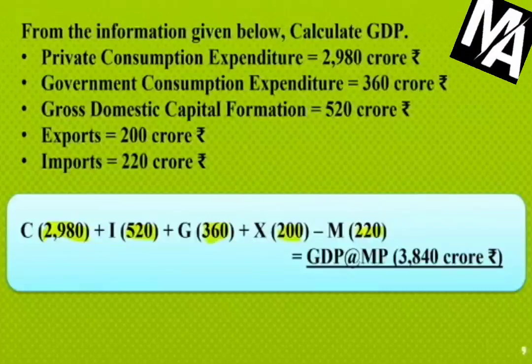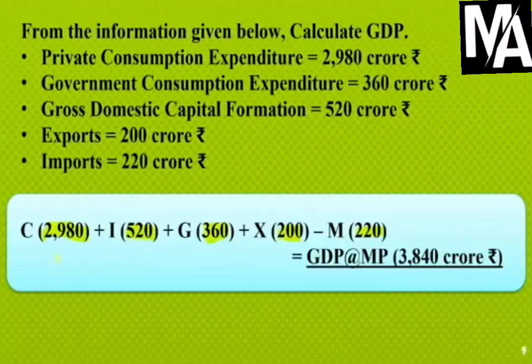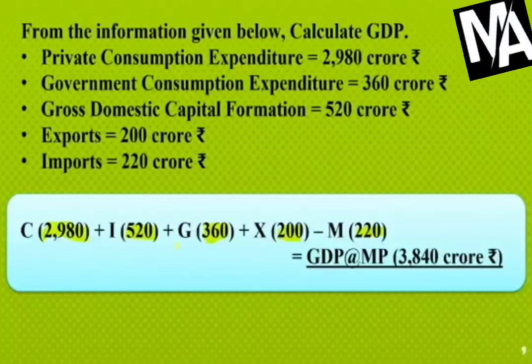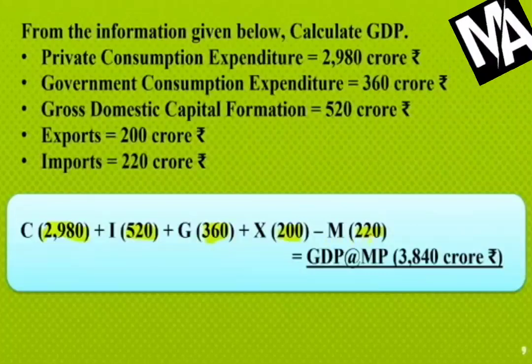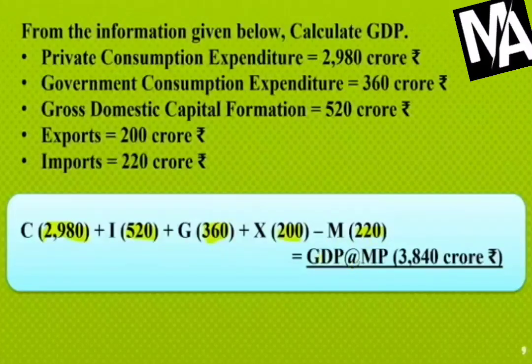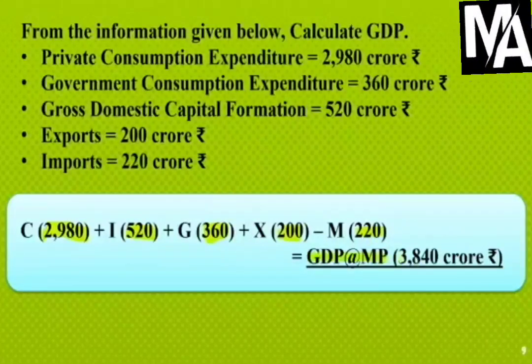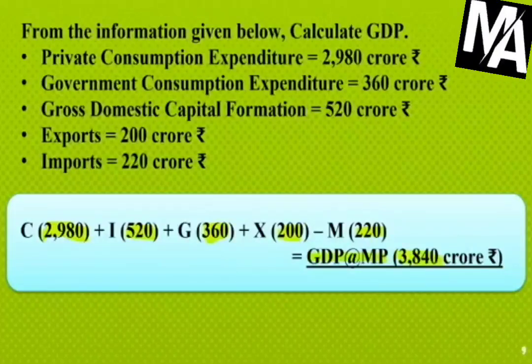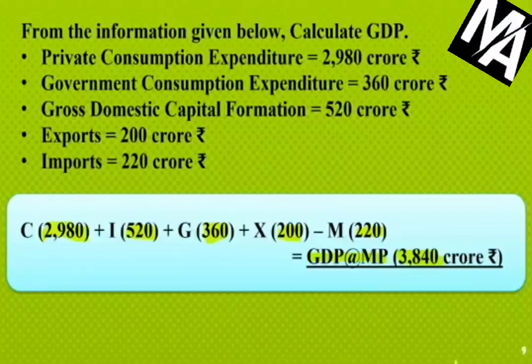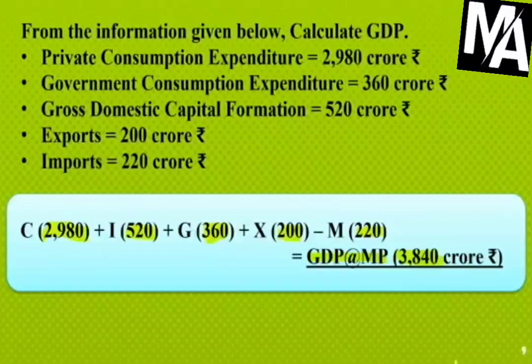So by using our mathematical skills, we have C, that is 2,980 crores, plus I, 520 crores, plus G, 360 crores, plus X, 200 crores, minus M, 220 crores. We will be getting GDP at market price, that is 3,840 crore rupees. I hope it will be very, very easy for you to understand how to calculate national income using the expenditure method.